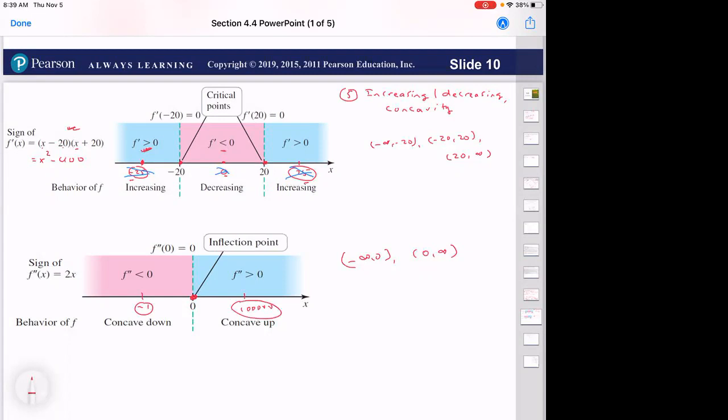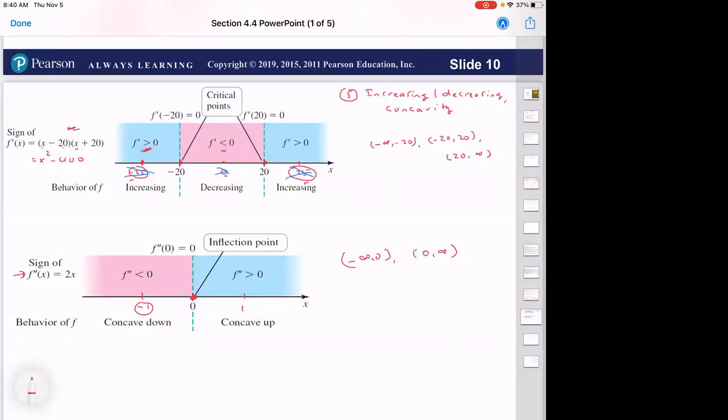If you plug in -1 for x in the second derivative, you get negative on the left side of 0. That means the function is concave down. On the right hand side, you can plug in any number, say 1 for x, and you get positive. That means the function is concave up.